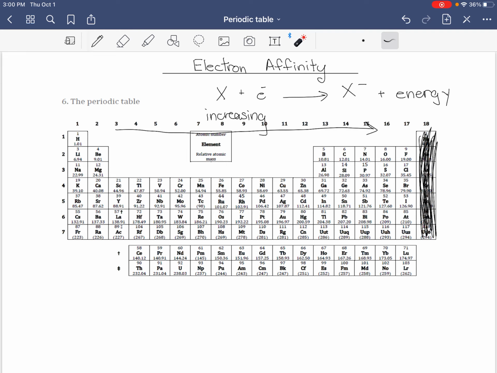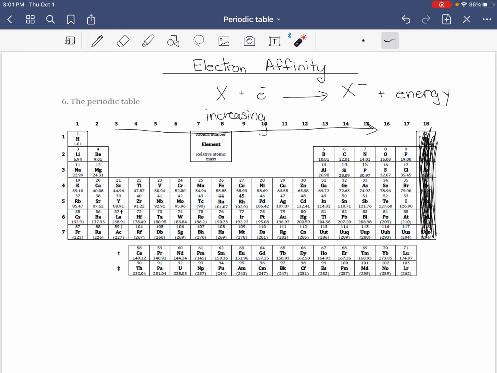Versus, let's say, astatine. Check out astatine. This guy is going to have a lot of energy levels. In fact, I can tell you right now, it has 6 energy levels. If you were to introduce an electron to astatine, he'll take it, definitely, because when he takes it, he looks like radon.